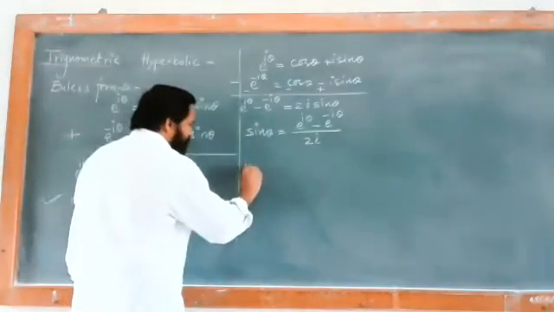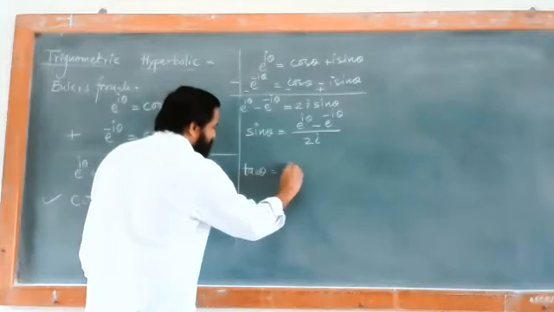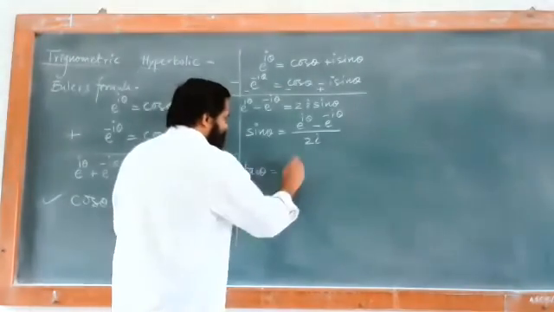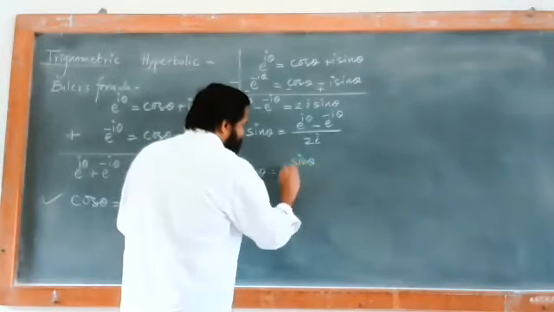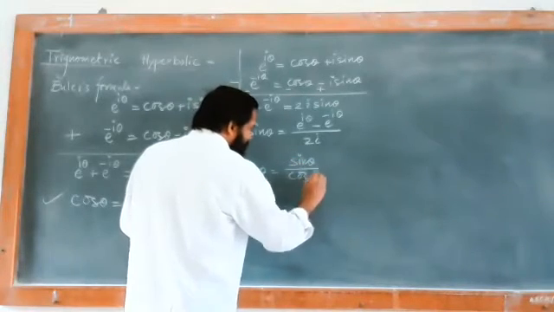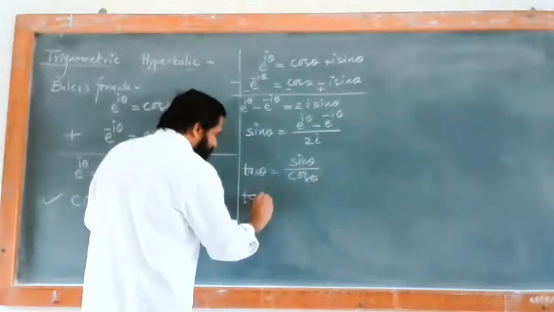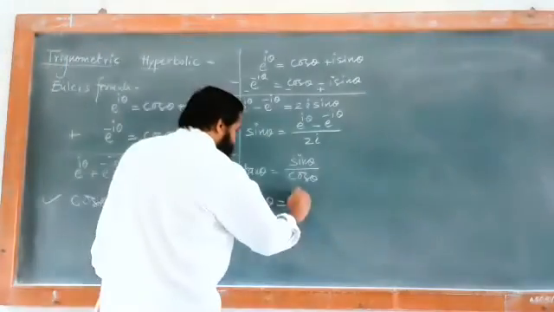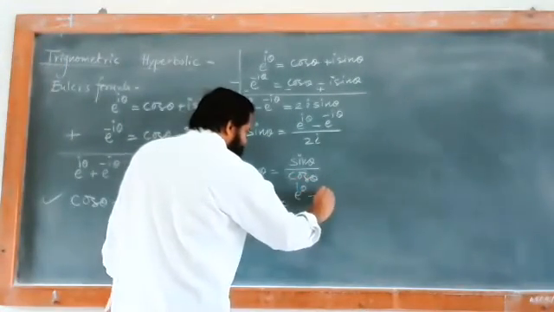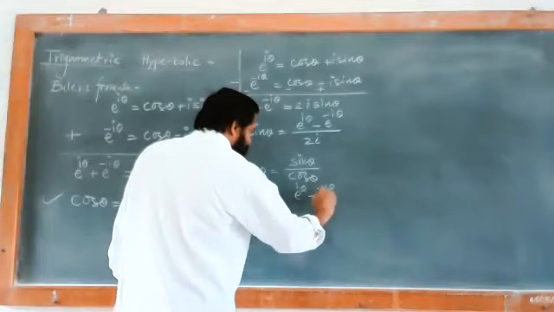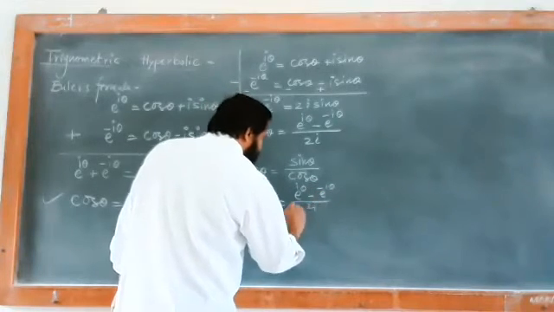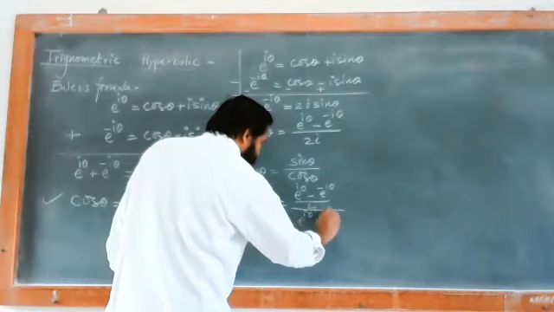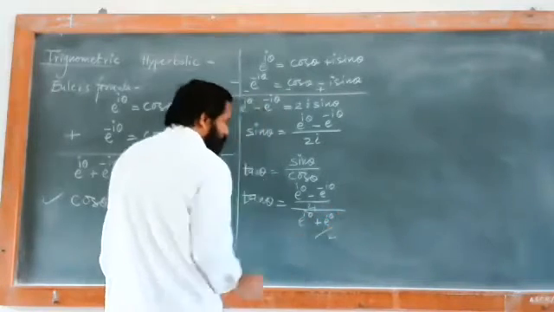Now we have to calculate the values for tan theta. So what is tan theta? So this tan theta is nothing but, sorry, this is sin theta upon cos theta. And so I can write that tan theta is equal to e raised to I theta minus e raised to minus I theta divided by twice I, divided by cos theta, that is e raised to I theta plus e raised to minus I theta divided by 2.